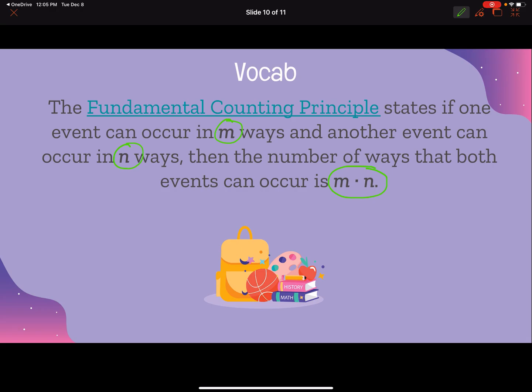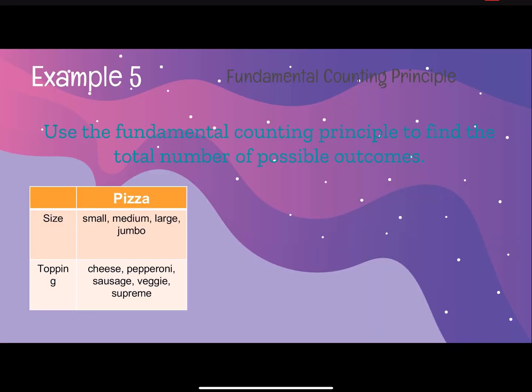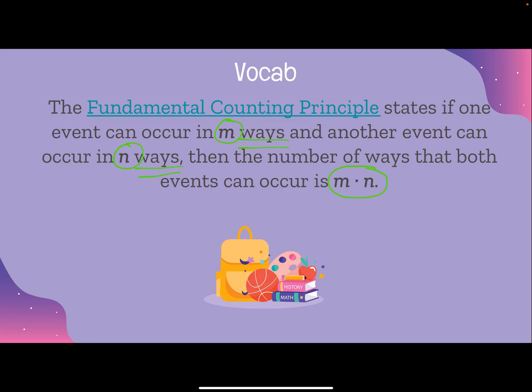So we're multiplying the number of ways that we have an event that can occur. Example 5. Use the fundamental counting principle to find the total number of possible outcomes. So going back to this definition, we need to know the number of ways each event can occur, and then we can find the total.